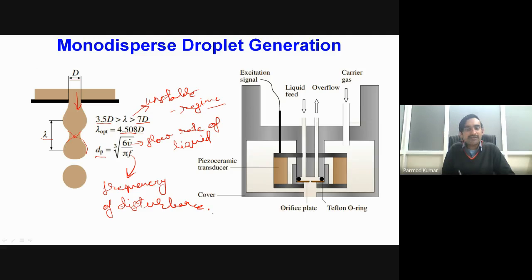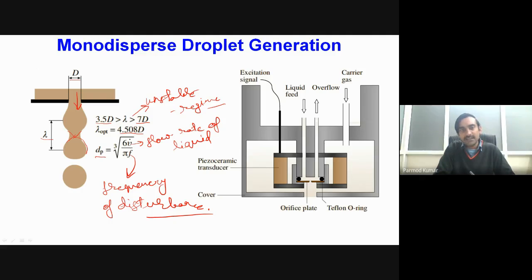Now disturbance can be obtained using two means. One way is that instead of giving a constant flow rate, we may supply a pulsating flow rate. We give some pulse in our flow rate, which leads to the formation of interfacial waves.